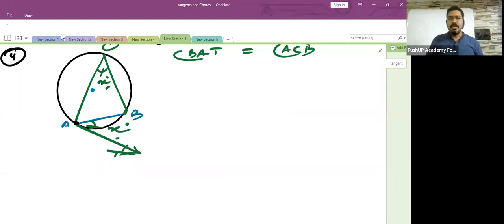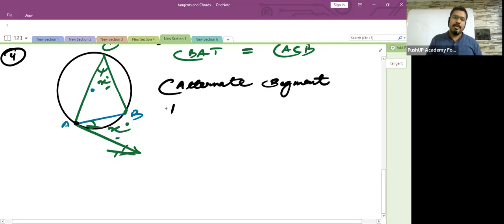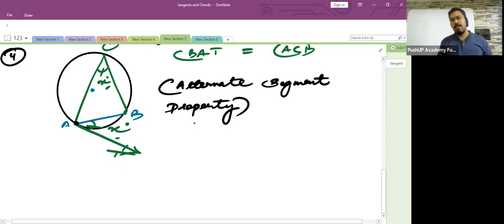So children, even in the textbook, they have used this short form: alternate segment property. Just mention this. Any examiner in ICSE will understand what you meant.